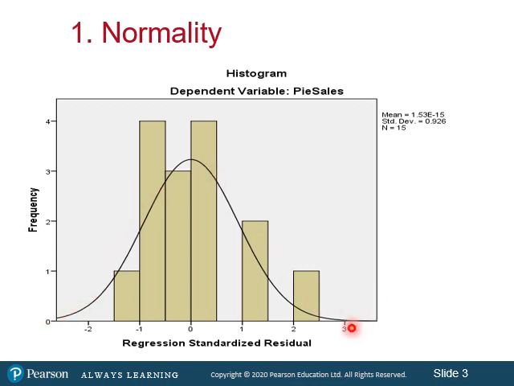Okay, if you see, this is your normal distribution, and we can also look at the mean values and standard deviation. For a standard normal distribution, the mean value will be 0. Standard deviation should be close to 1. Here the mean value given here is 1.53 E to the power of negative 15.